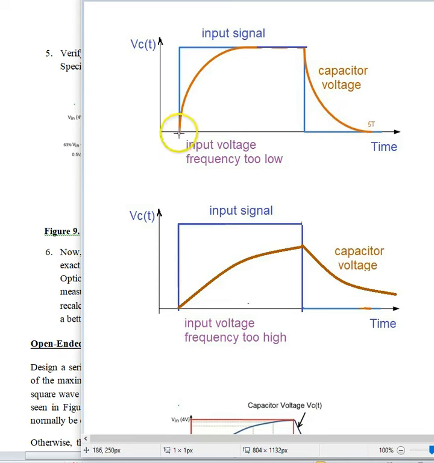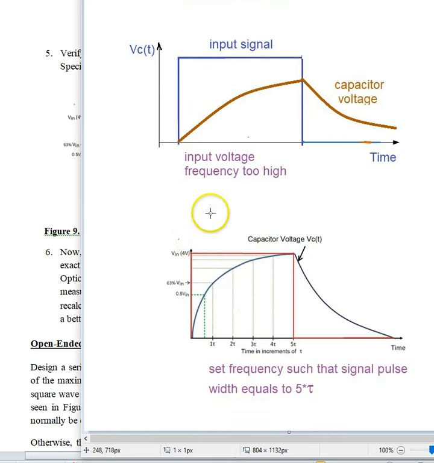It would be hard to measure the time constant tau. We would look at where it reaches 63% of the maximum, and then we could measure tau. So it's a little bit hard. Now if the frequency is too high, then the capacitor won't have enough time to fully charge and fully discharge. So you wouldn't want to use any of these arrangements.